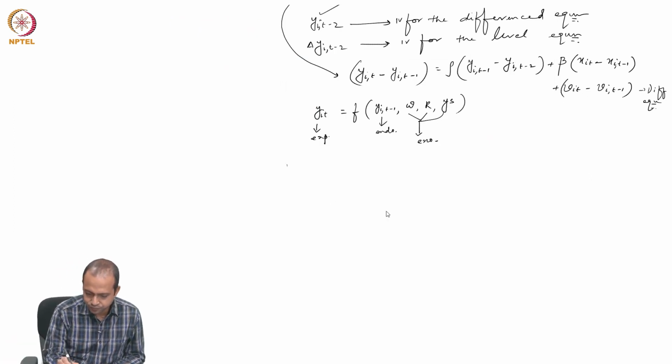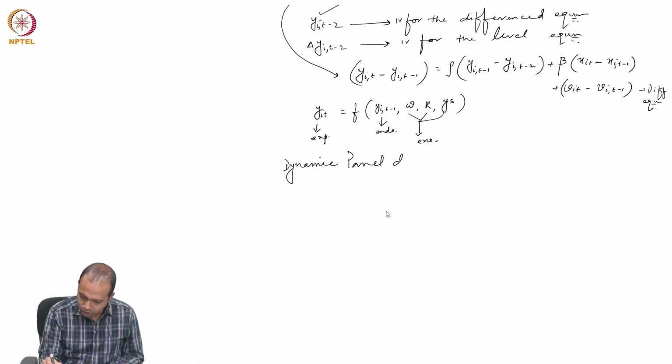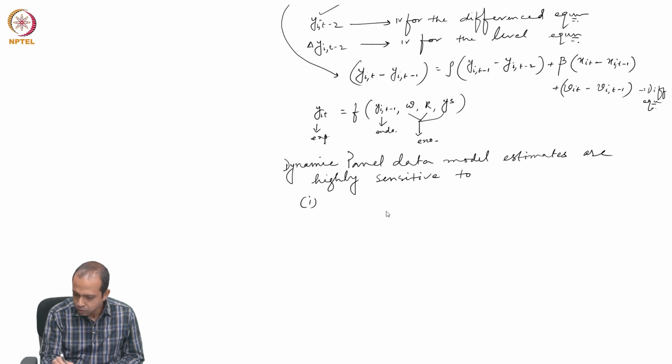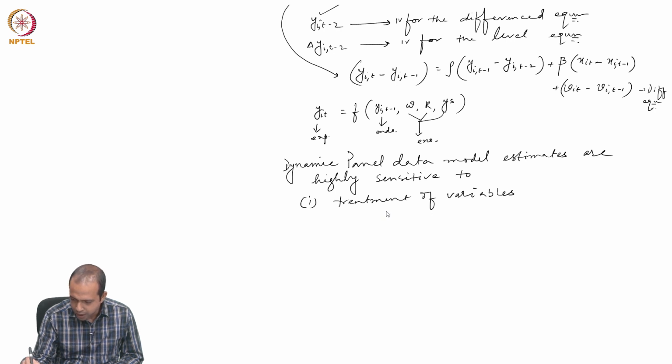The dynamic panel data model estimates are highly sensitive to number 1, treatment of variables as endogenous and exogenous.